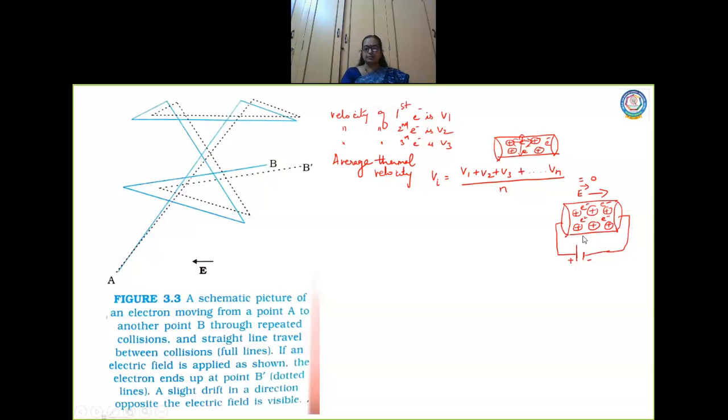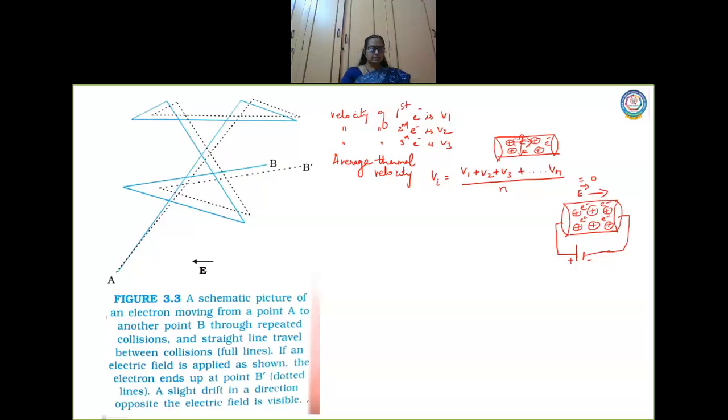Now what happens to the electrons? What will happen, children? Tell me. Now these electrons, under the influence of the electric field that is given, will experience a force. Yes or no? We have already read this in electrostatics. An electron will experience a force when kept in an external electric field.